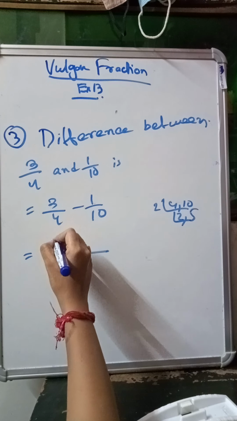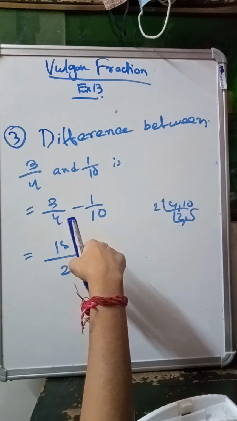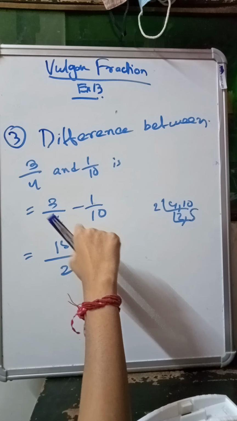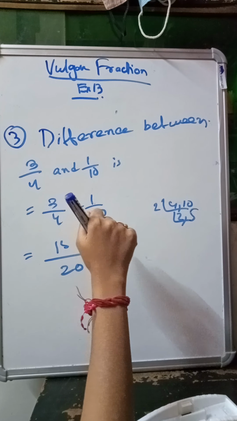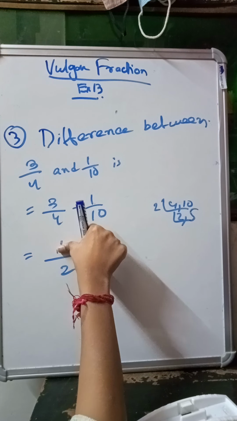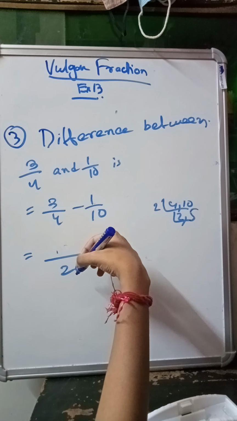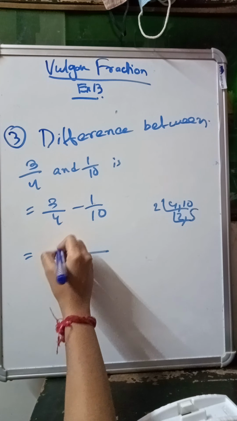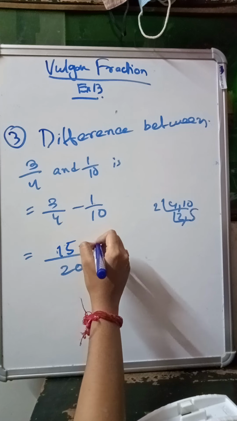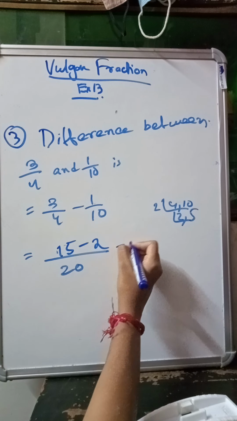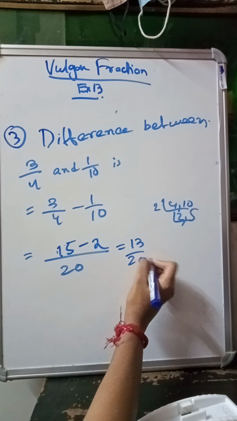So this will be 15 minus 2, which is 13 by 20.